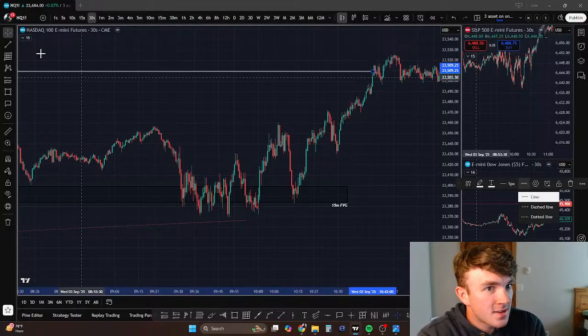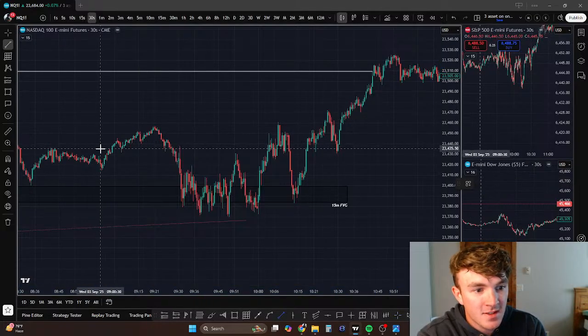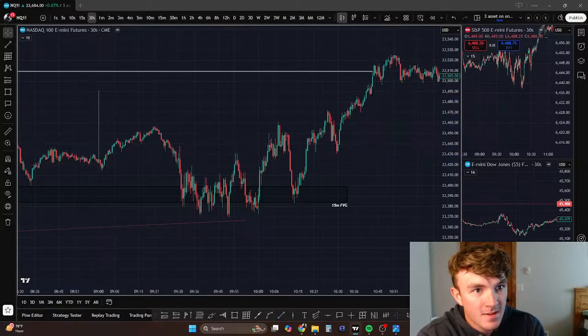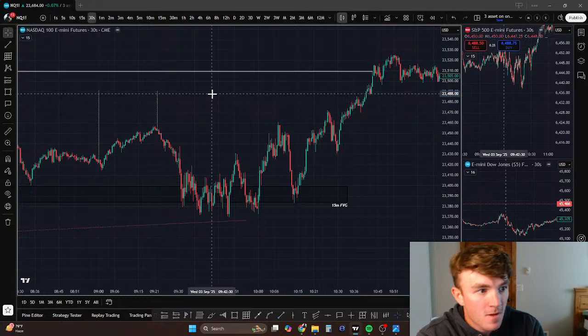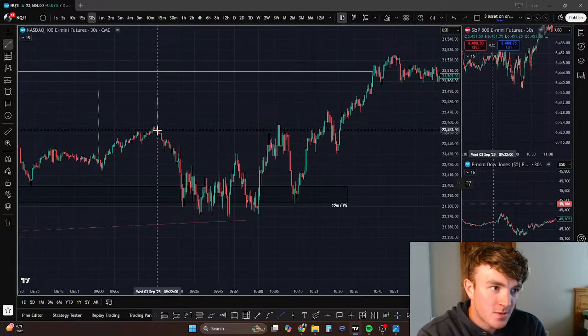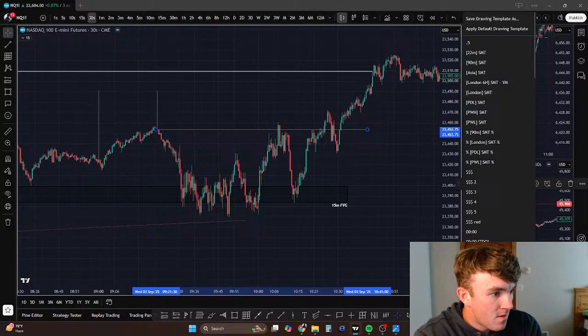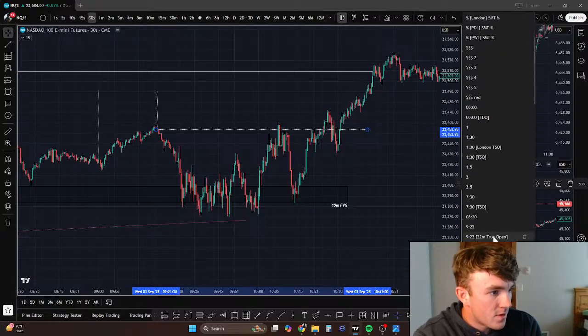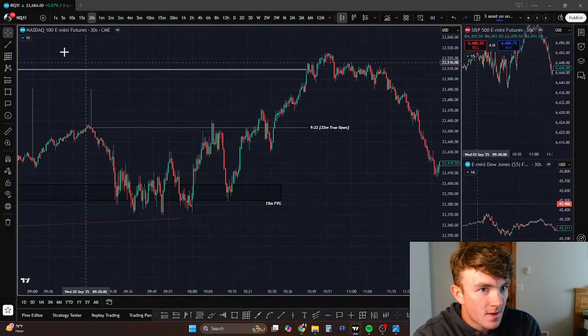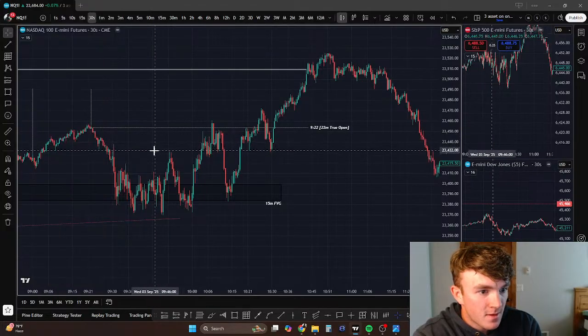What I'm checking is something I checked the other day on a different chart. 9:22, so here's the 9:22 true open, and then 9:45.